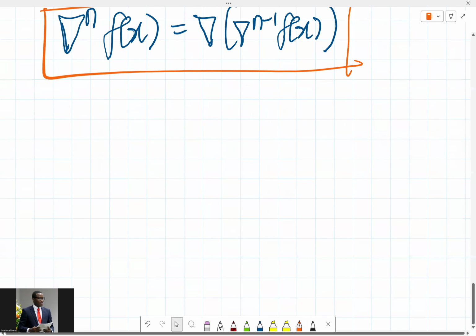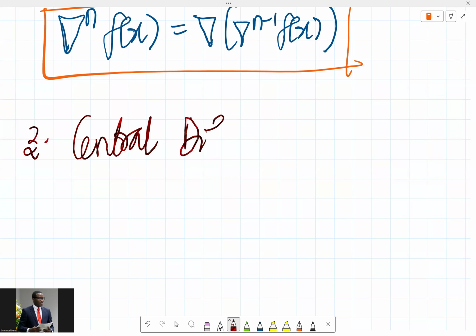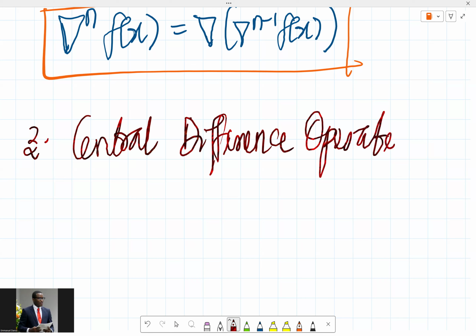That takes us to the third type of operator, which is the central difference operator, which is like this small delta.